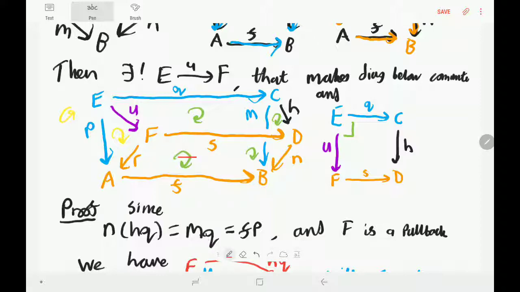So we have this right square as a pullback.